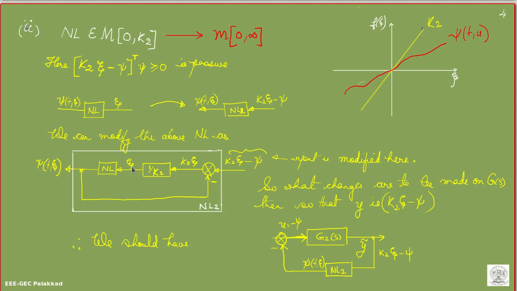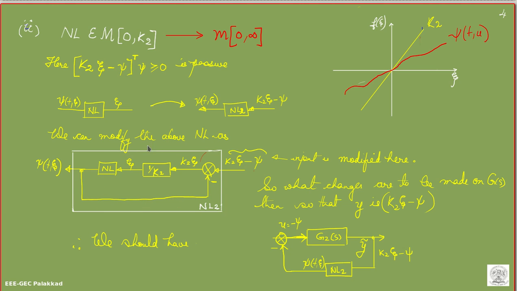Now if I want the input as k2 xi minus zeta, the line is going like this. So k2 zeta into 1 by k2 is zeta. So I have this part as k2 zeta and I have to subtract k2 zeta minus psi. So I take psi from here and subtract it and I give it as an input here. So this is the modified nonlinear system.